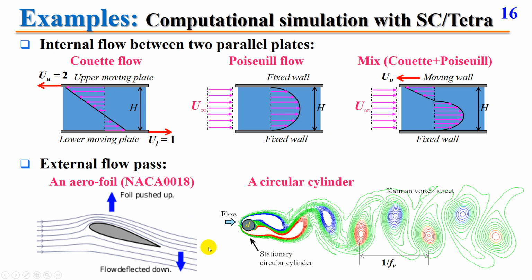Okay, and the Karman vortex behavior is unsteady, right? And in this case, we will visualize the Karman vortex street, and we can calculate the Karman vortex frequency, and we can compare with the technical data, right? Okay, this is my outline of this training.